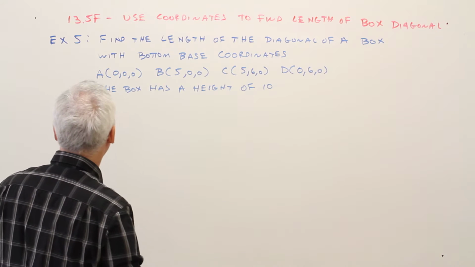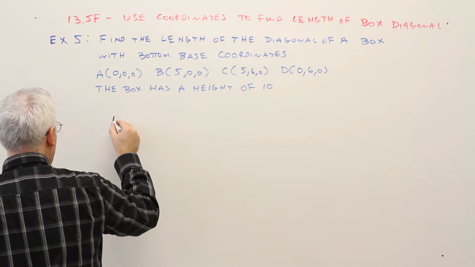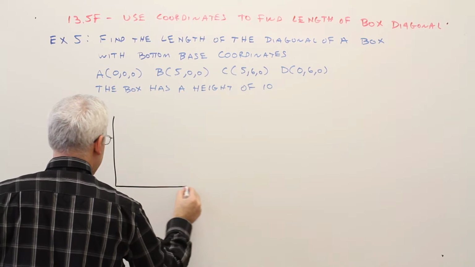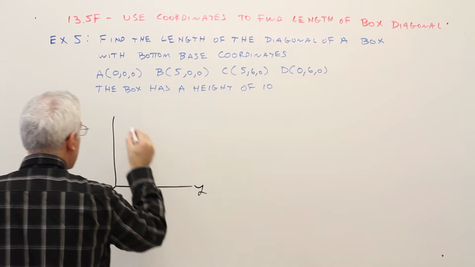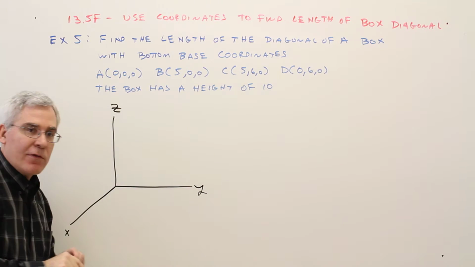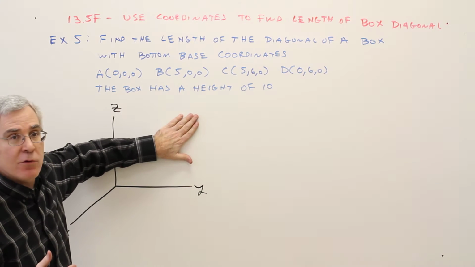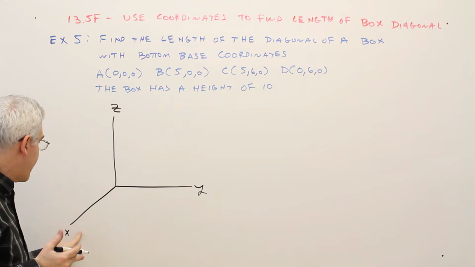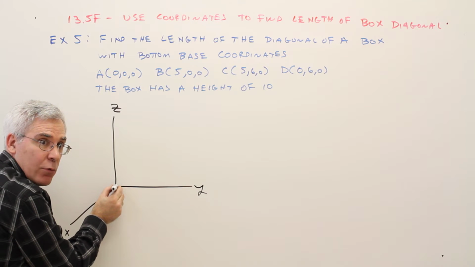All right, so first to draw the box, I'm going to start with my x, y, z coordinates. I'm drawing a 3-dimensional coordinate system on a 2-dimensional surface. So this right here really represents the x-axis coming out towards you.